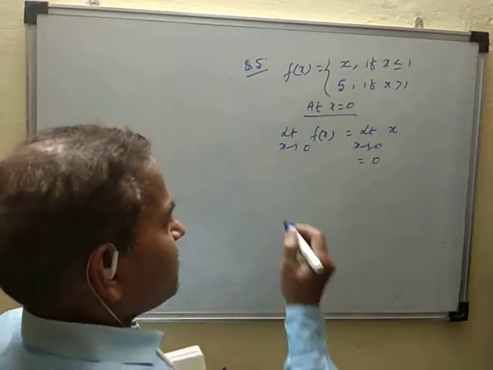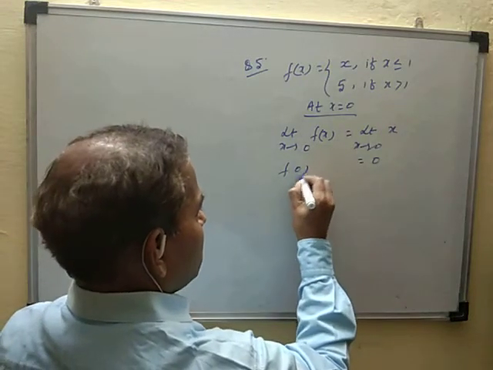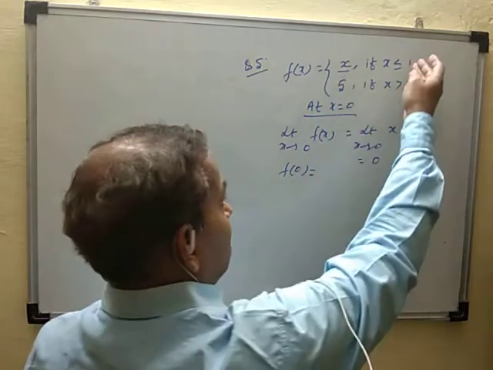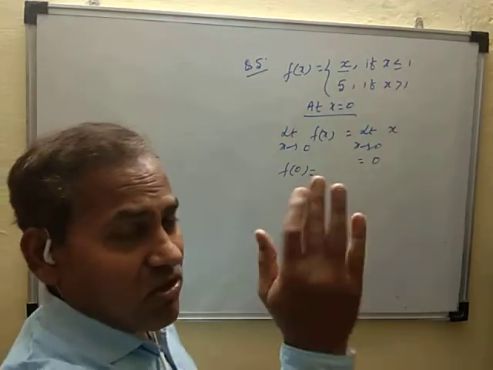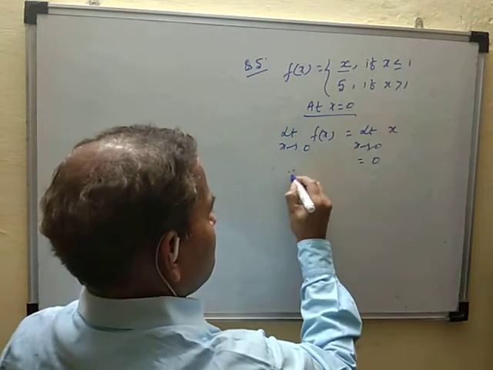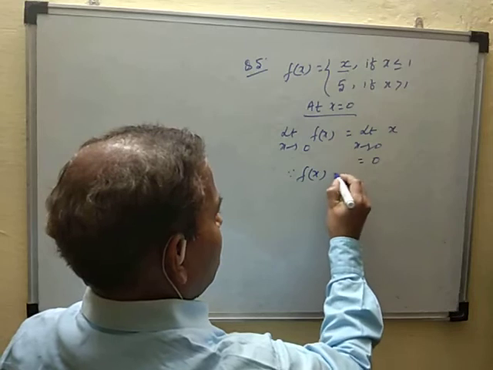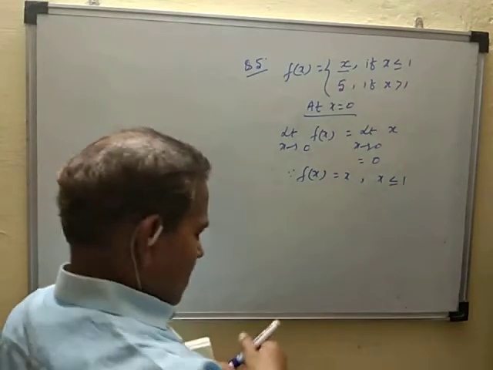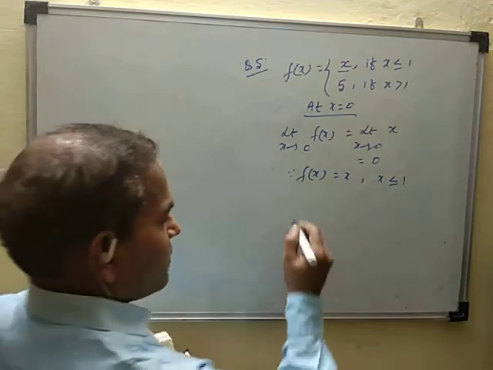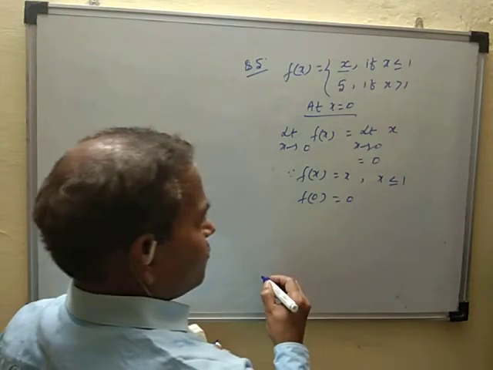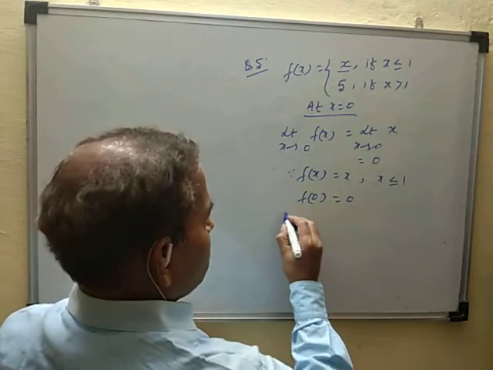Now find point function value, that is f0. So this is the function value when all x less than or equal to 1, since f of x is equal to x where x less equal to 1, therefore f0 equal to 0, limit value also 0.